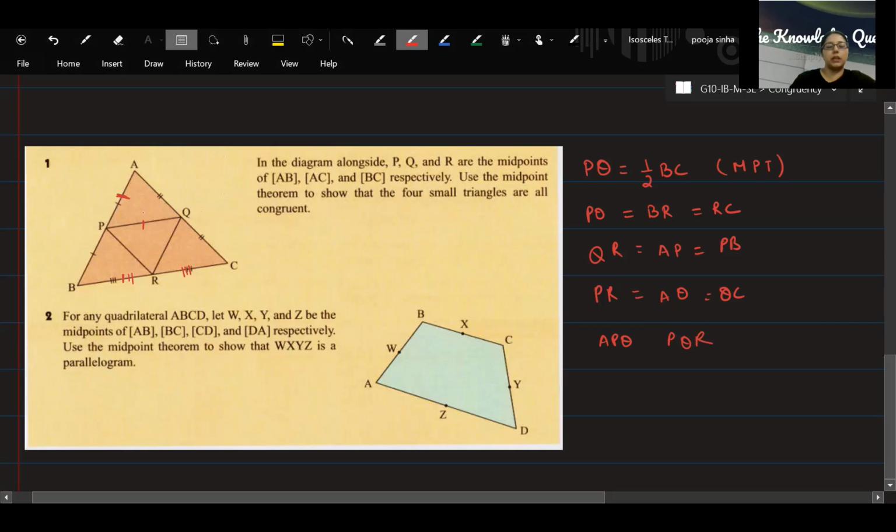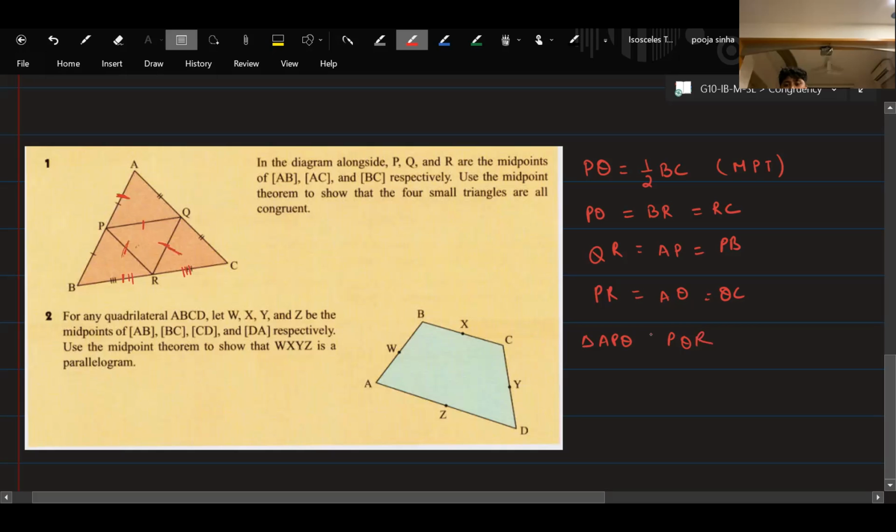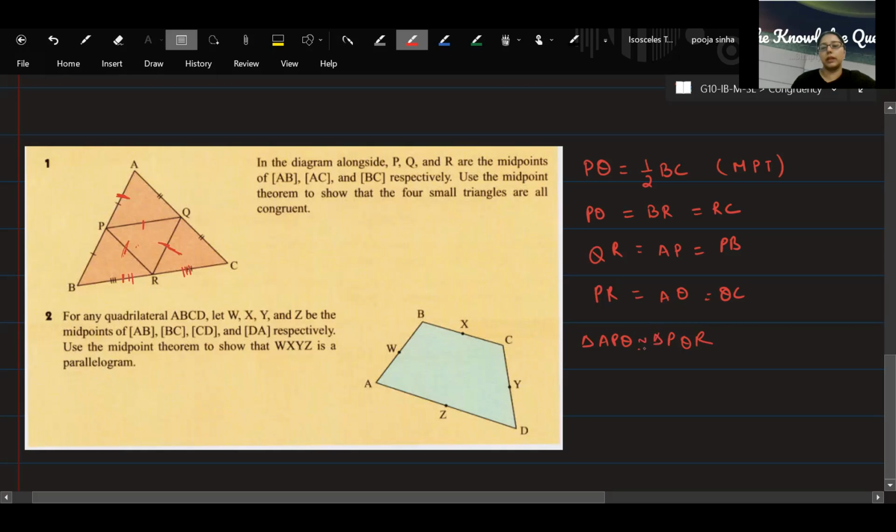AP is equal to QR and PR is equal to AQ, which means these two triangles are congruent by the rule side. Okay, so these two triangles are congruent.